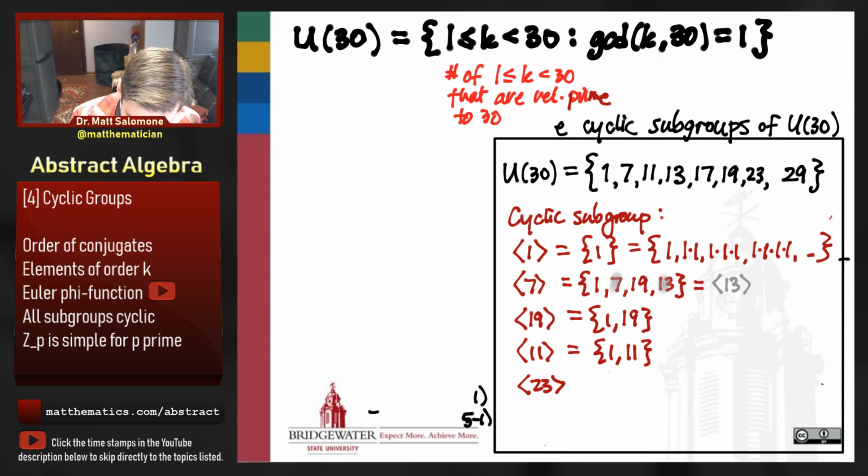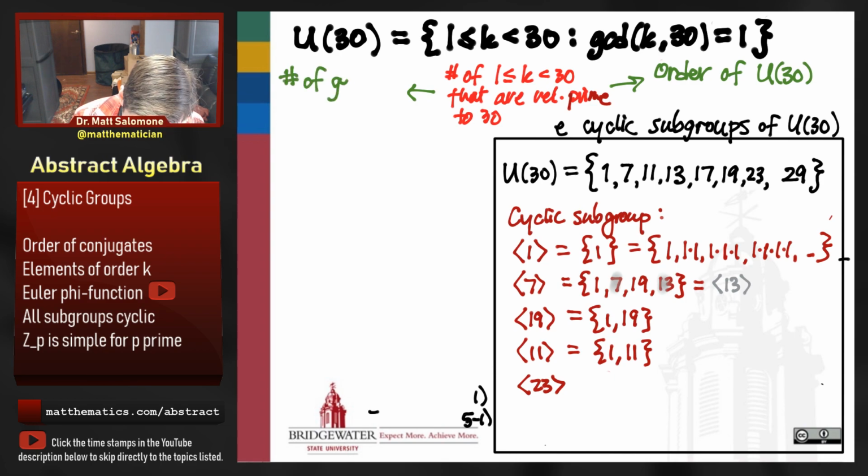But that means that it does two things for us. It tells me the order of U_n, how many elements there are in my U group. But it also tells me the number of generators of Z_n.